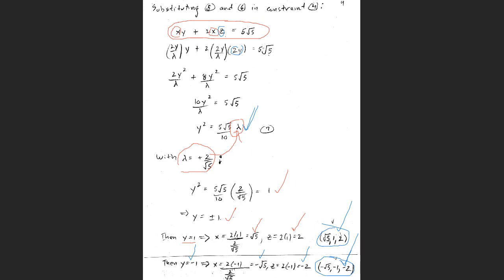Could there be other points on the surface of minimum distance to the origin? Okay, good. Robin's saying you have to consider lambda equals -2 over root 5. Okay, we have to consider that.